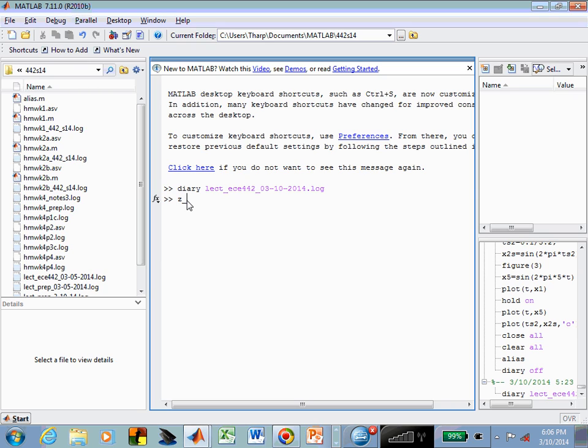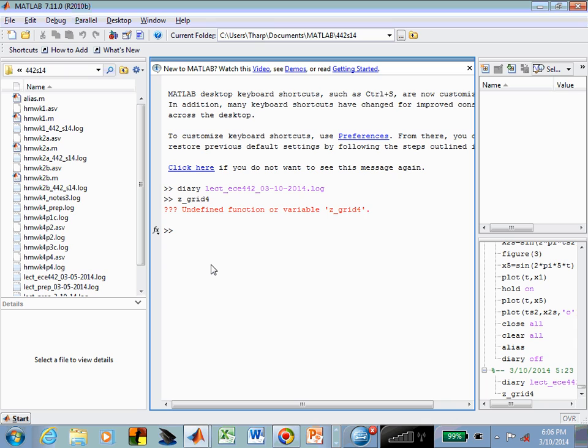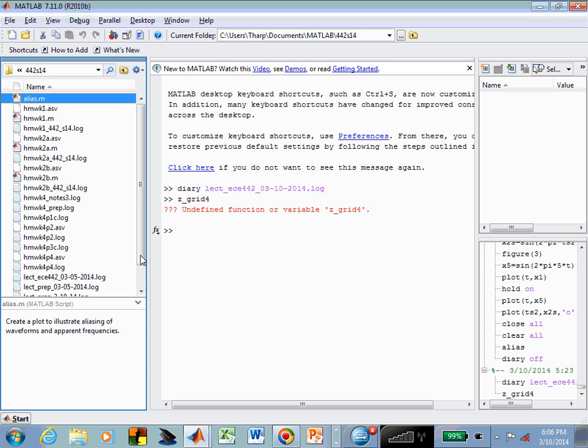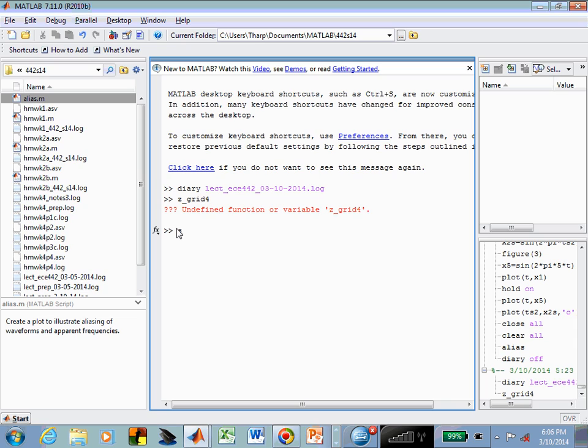So if I do a Z grid 4, which is something that I tried to write today, typo. So now if I come over here, forgot the S. Z grids 4.